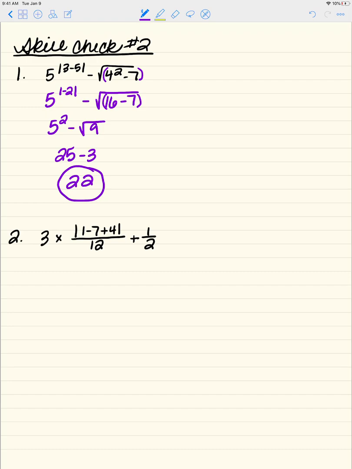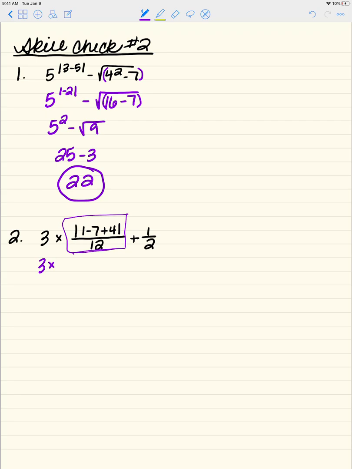Number 2, 3 times, and we are going to tackle what's happening here in this whole thing. Okay, so we have the absolute value of 1 minus 7 plus 4. Absolute value is a grouping symbol.